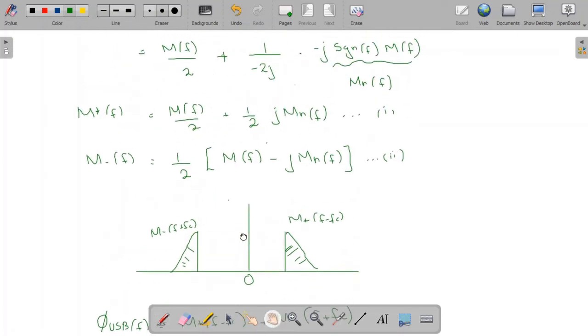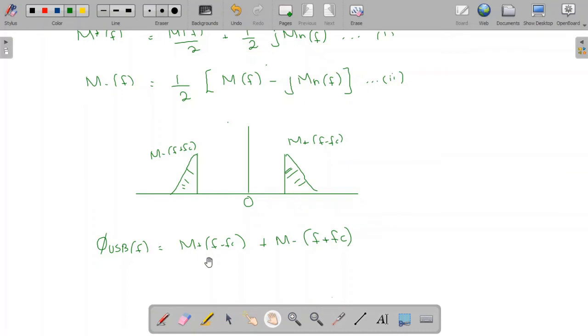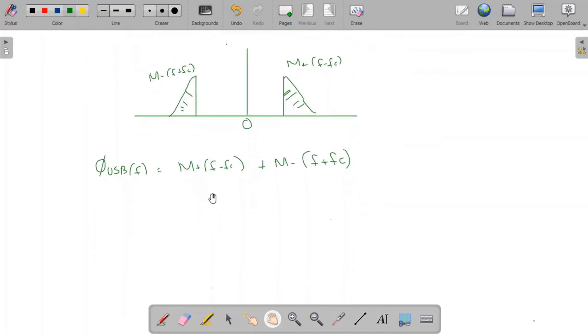Now using this equation that m plus f is equal to this thing and m minus f is equal to this thing, I am going to write the equation for m plus f minus fc and m minus f plus fc. So m plus f minus fc will be equal to half into m of f minus fc plus j into mh of f minus fc.